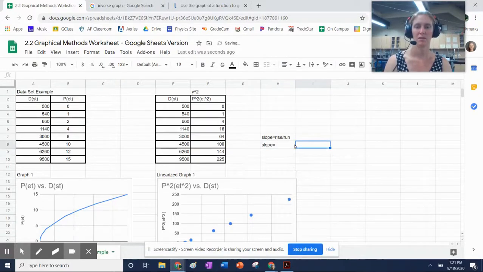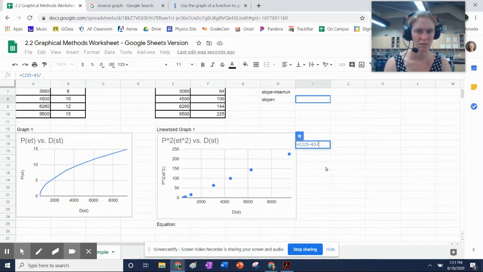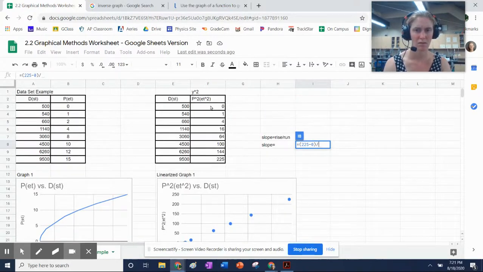I'm going to be lazy. I'm going to just use the functionality in here. Equals rise is 225. If you remember, it's 225 minus 0 because that's where I started, divided by run.